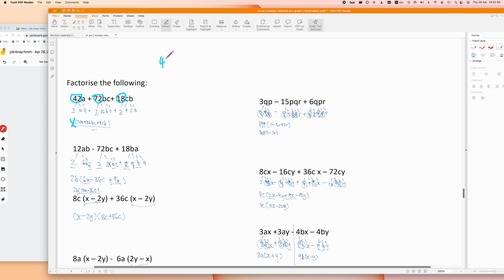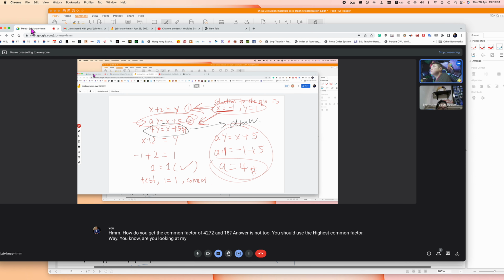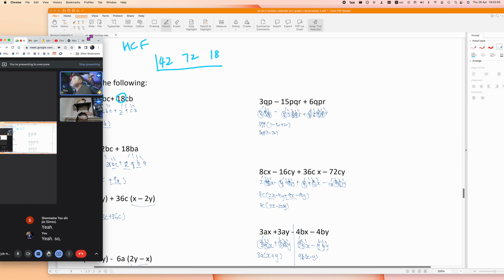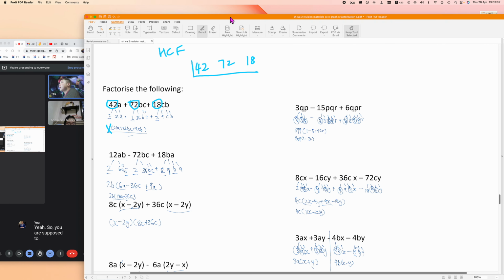You should use the highest common factor way. Are you looking at my solution? Yeah. So you are supposed to use the highest common factor way, which is here. So you put the 2, you get 21, you get 36, you get 9.